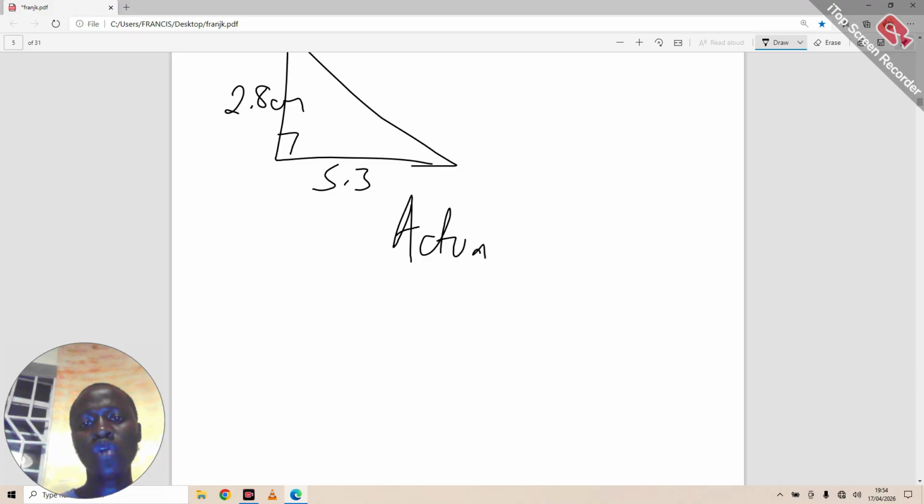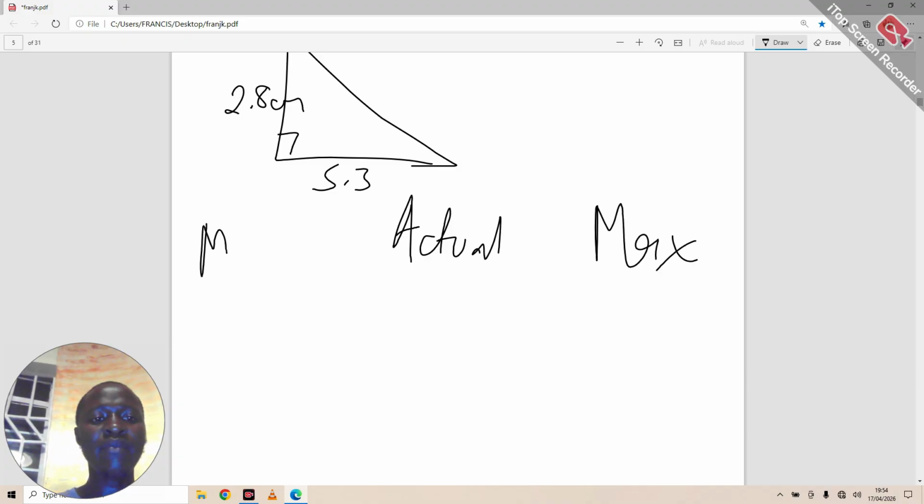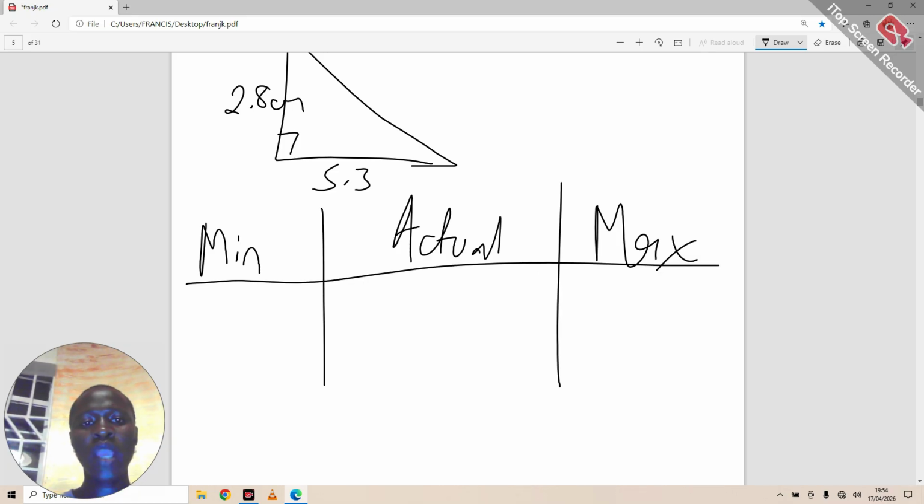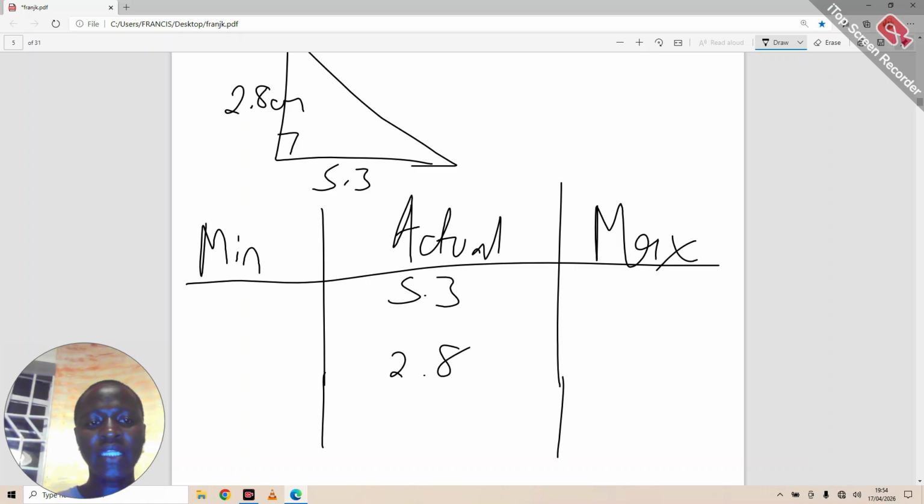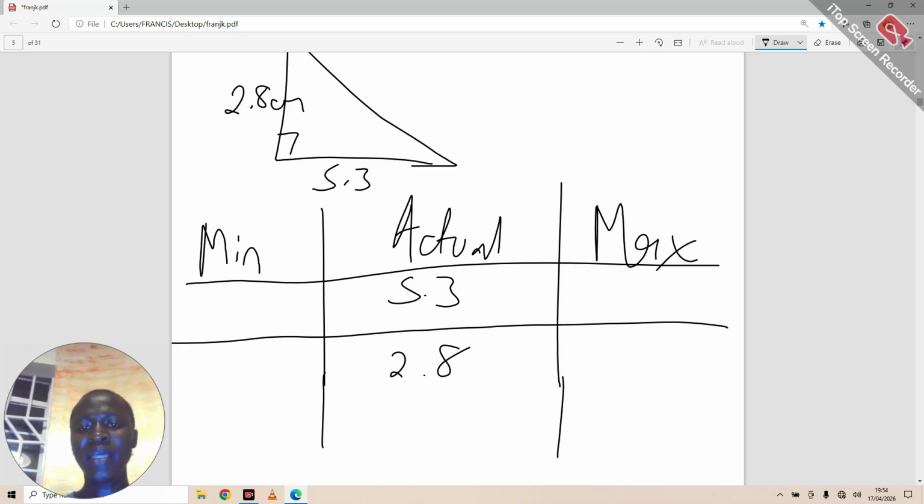We have the actual, we have the maximum, and we have the minimum. So how do I go about that? Under the actual, I have 5.3 and I have 2.8. Remember, I must get the accuracies, and it seems like in this case the accuracies are the same.